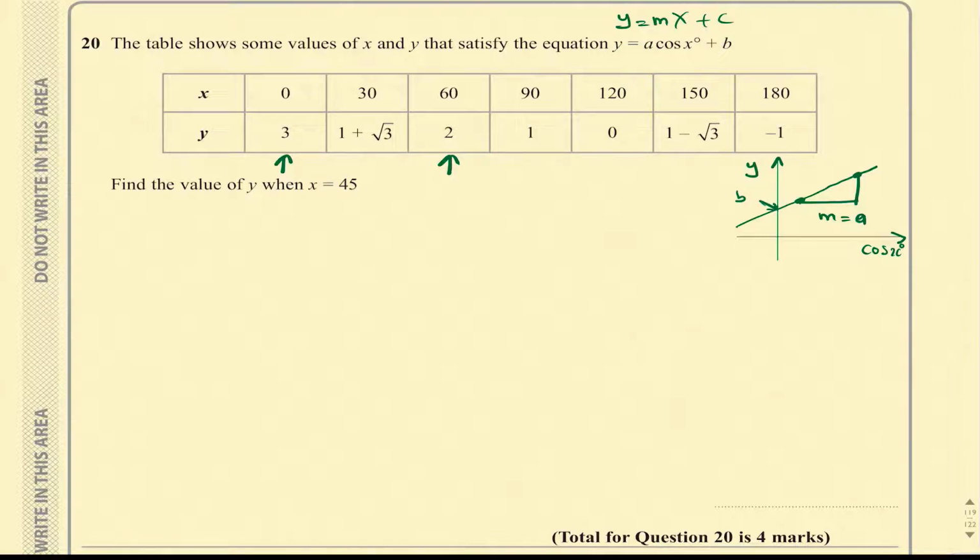From the equation given, y equals a cos x degrees plus b. So when y is 3 and x is 0, I get 3 equals a cos 0 degrees plus b. Now cos 0 degrees is 1.